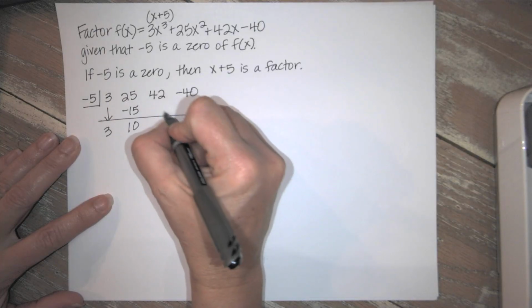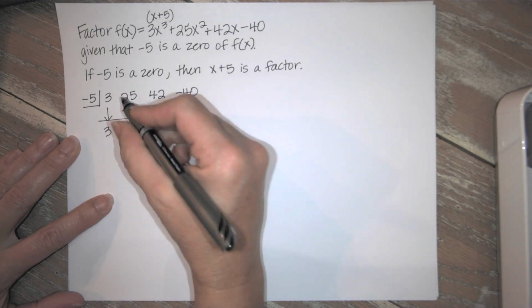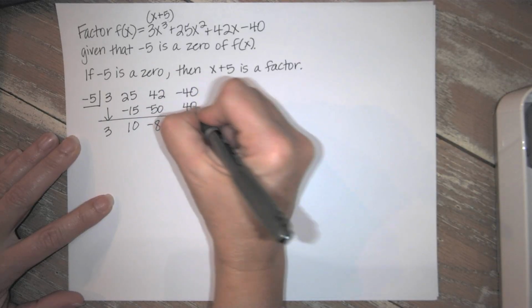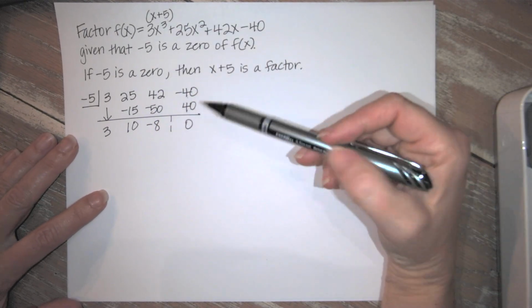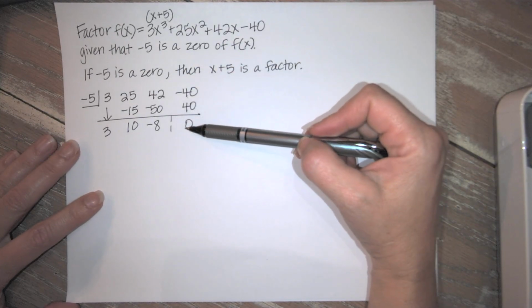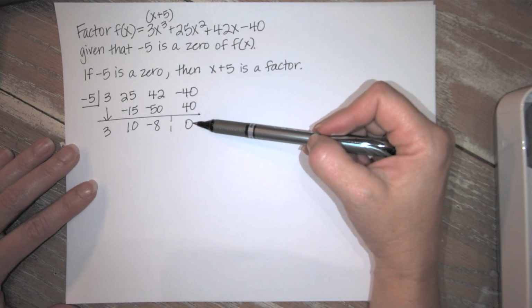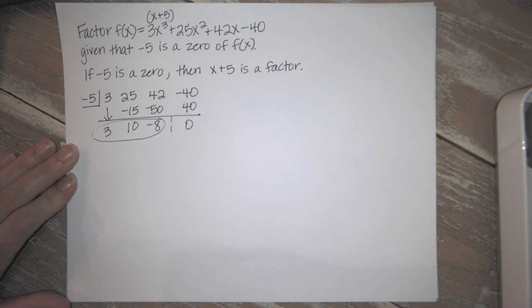I'm going to multiply, combine those, multiply, and you see we get that remainder of 0, which we should get because we were told that that is a 0. Now, why did we do that if we already knew that was a 0? We did it to see what's left, okay?